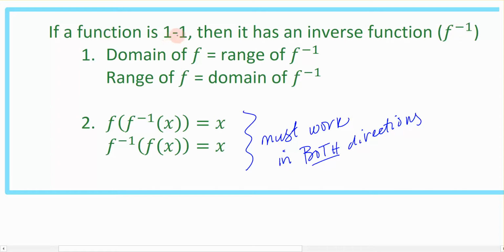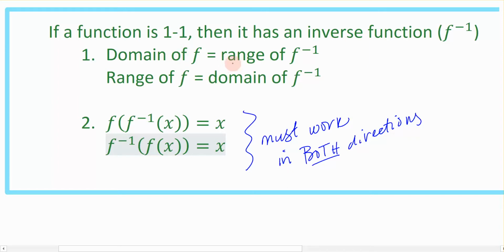So the domain of my function becomes the range of my inverse, and the range of my function becomes the domain of the inverse. Notice that the ideas here are switched, right? This is going to be key for us.